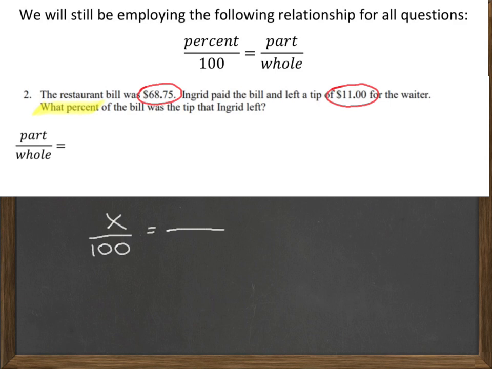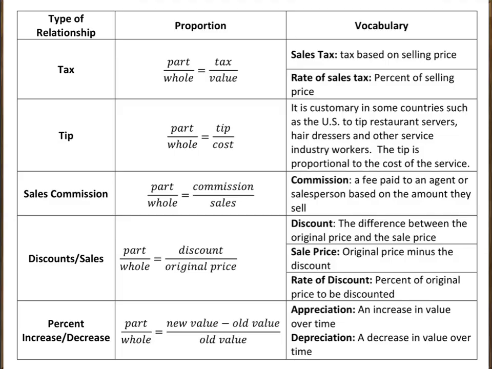So now we have to figure out which of those two numbers that I circled in red is the part and which of them is the whole. And again, if we go back here, we can see that we have a tip relationship. That's what this problem is talking about. So the part to whole relationship is the amount of money that I left as a tip divided by the cost of the product or service.